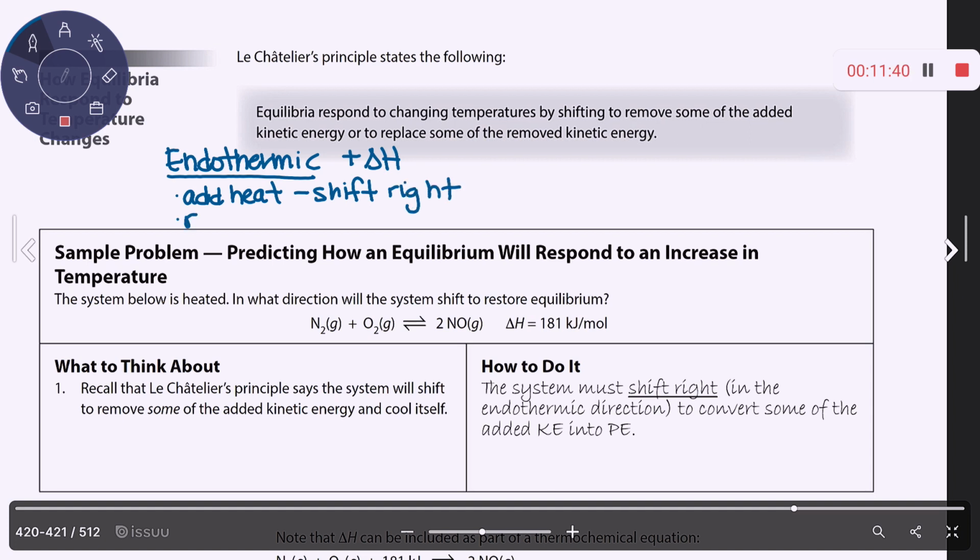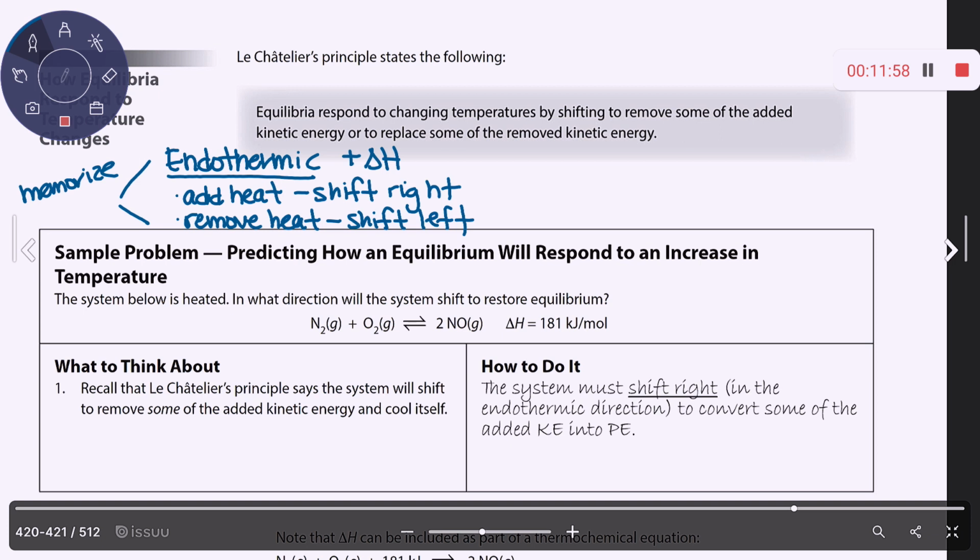If you remove heat, then you will shift to the left. And this you should absolutely memorize. This will get you through half of it.